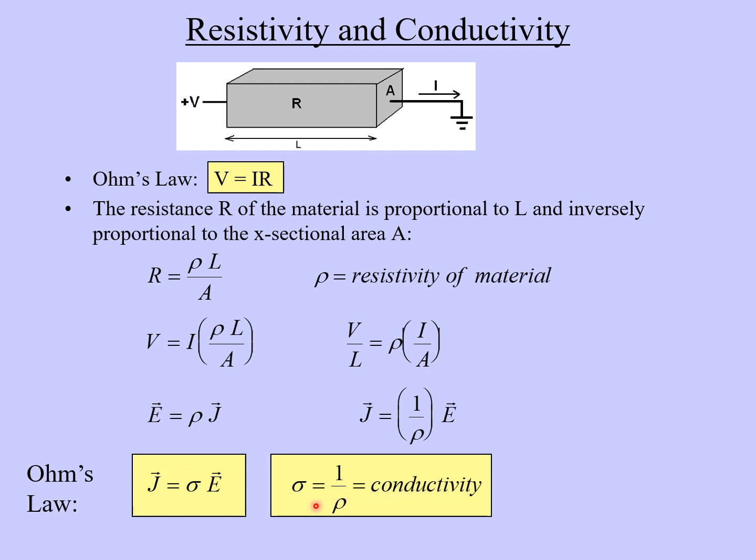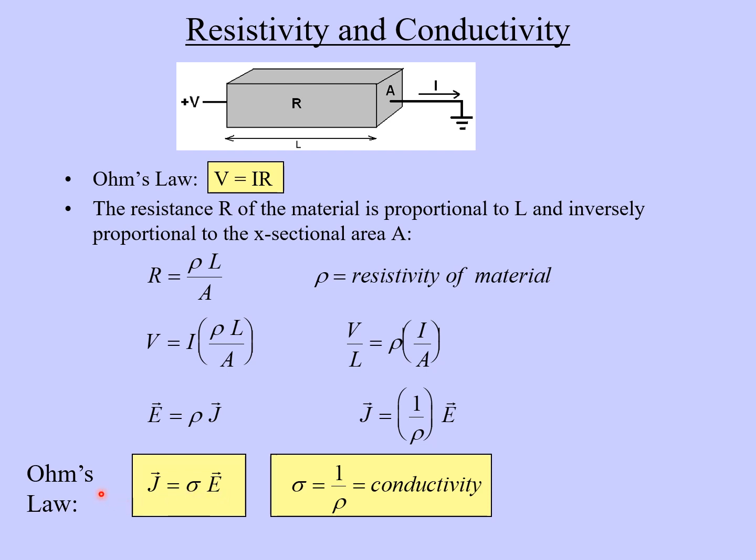So conductivity and resistivity are reciprocals of each other. That makes sense: the more resistive a material is, the less conductive it is, and vice versa. So this equation now becomes J is equal to sigma times E.